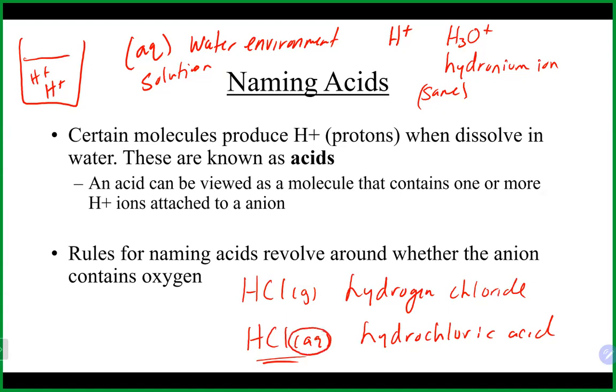But acids should have that aq symbol next to it to indicate that it is an acid, and you should always put that when you're writing formulas for acids. So let's talk about how we go about naming acids. Acids, really, it's all about the oxygen.